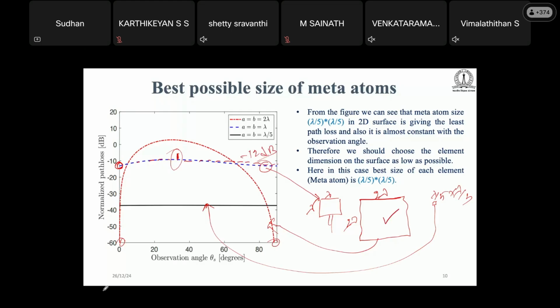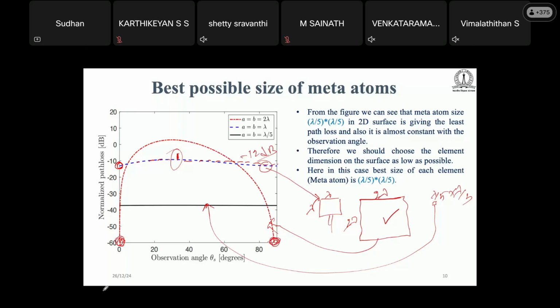The second one, the size of the element is 2 lambda cross 2 lambda. Now we can see that when the incident angle is 0 degree, there is a difference between the impinging and the reflection angle. At that time the loss is very minimal, which is good. And above 90 degree or 100 degree, the loss is also very minimal.